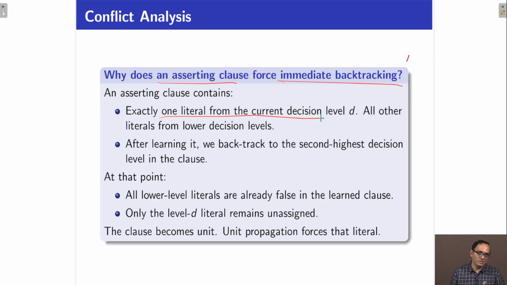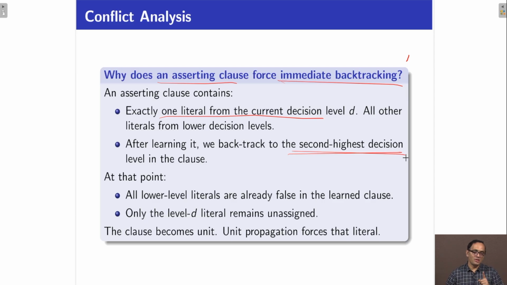I have already explained. And how much do I remove? Up to the second most recent decision level, right. That means the only literal from the current decision level is 1, right, and the rest of the literals are from previous decision levels, right, and I remove everything from the current decision level and keep everything from the previous decision levels.